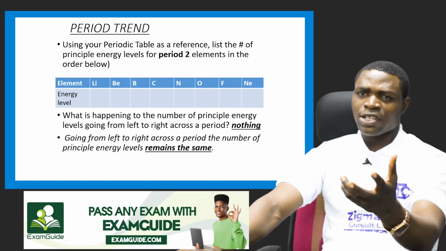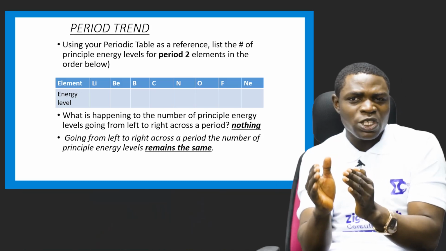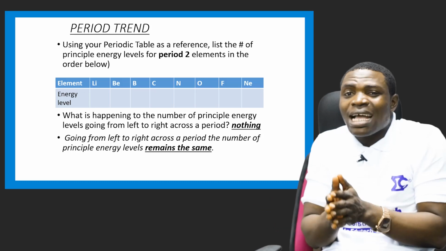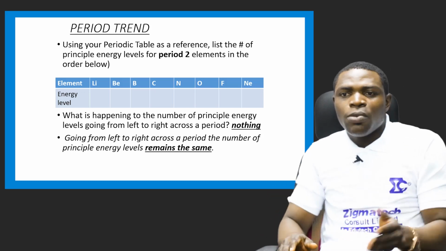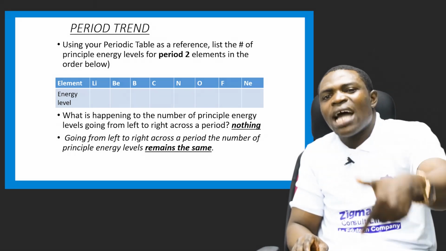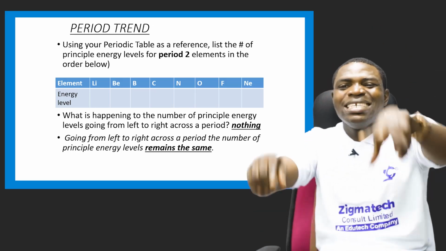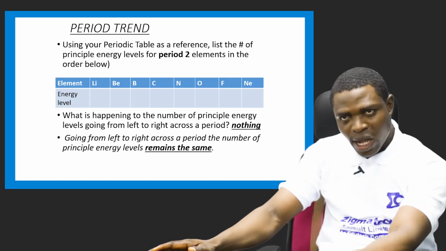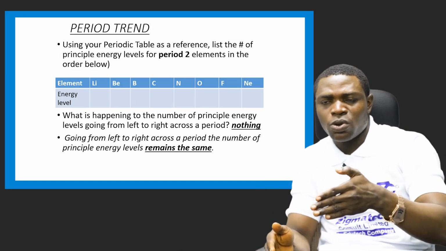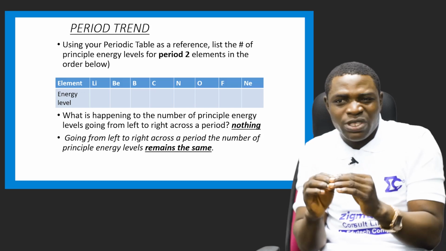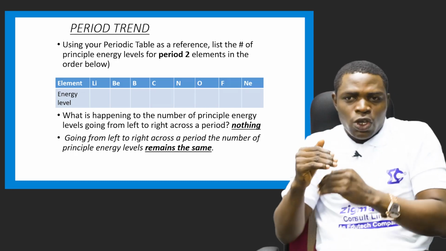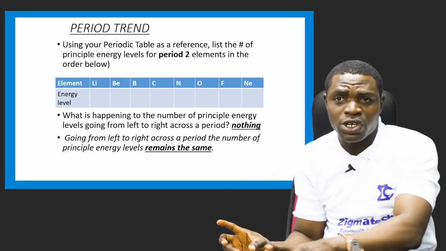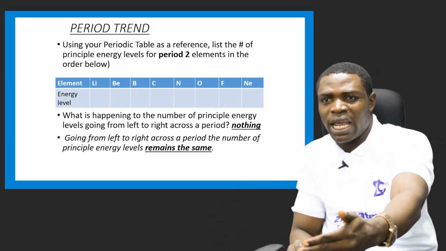If I ask you what is happening to the number of principal energy levels going from left to right across the period, absolutely nothing is happening, because they are in the same period, so the principal energy level remains the same. However, if you trace it down the group, there will be a change, either an increase or a decrease. But across the period, the trend remains the same.